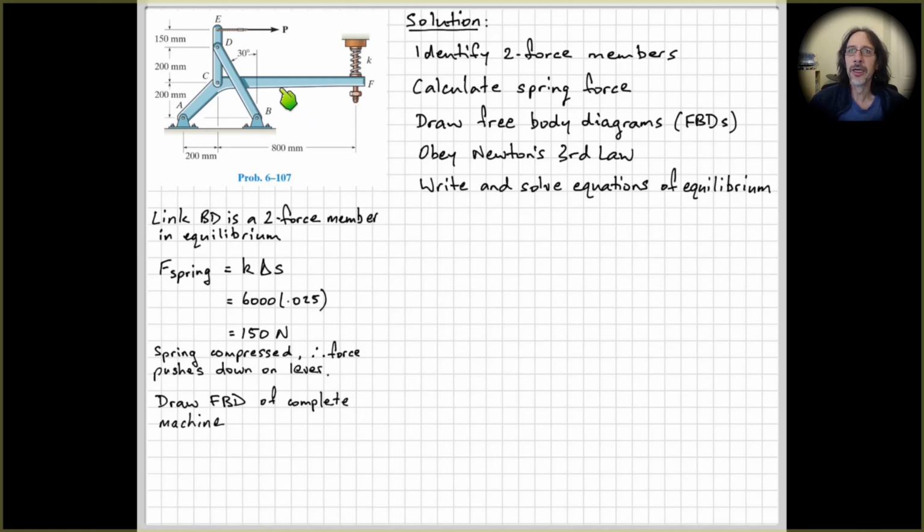The best way is to think, right, I have to analyze this thing completely, or I may even need to design the sizes of the links and the pins. So if you're going to do that, then you need to know the forces on all of the joints, on all of the members. So, if you end up calculating reaction forces at A and B or forces at C before you calculate the force here at P, well, it doesn't really matter. You're going to need to know those anyway.